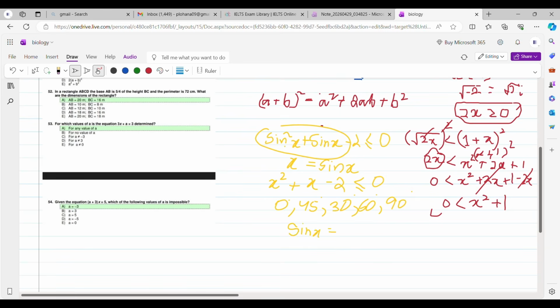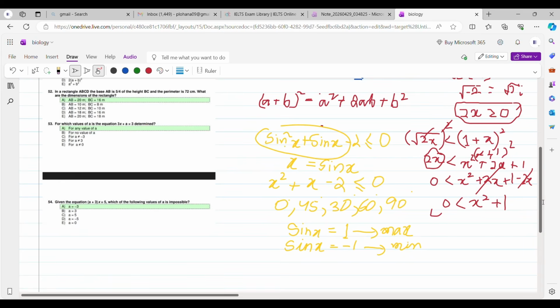The max value of course will be positive 1, and the minimum value of the sine function would be negative 1. So if I put any degree, it is going to give me an answer in the range of 1 and minus 1.